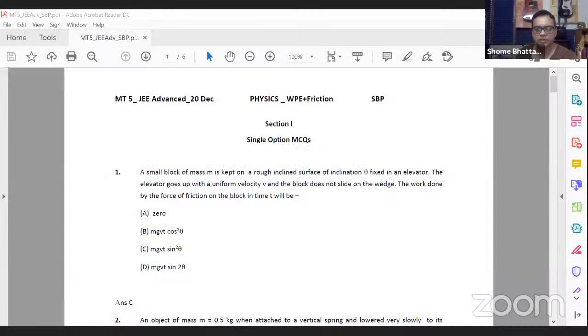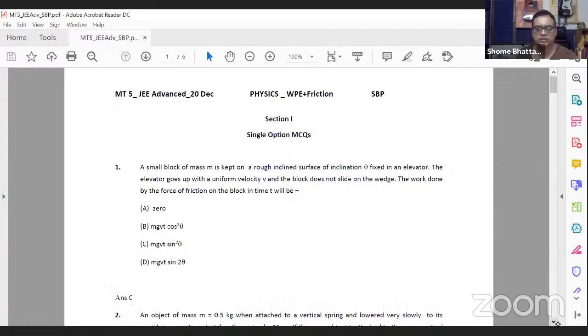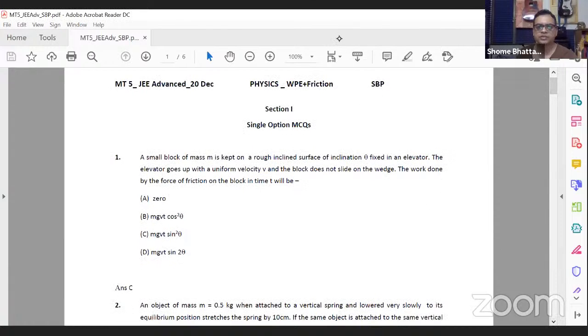So today let us just take a look at the advanced paper. Yeah, I'm sharing the questions. Tell me if you need to understand any of these. So first question, does anybody have a difficulty or doubt in the first question?